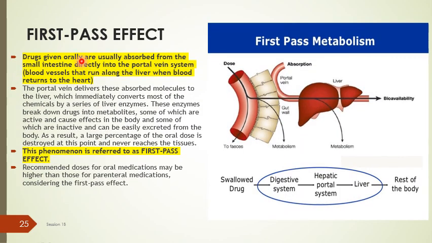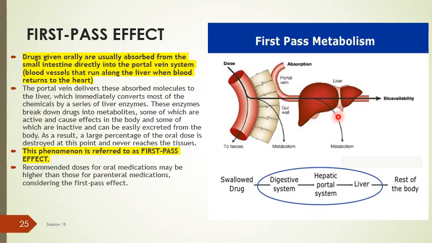Now let's talk about the first pass effect, or first pass metabolism. This is how a drug given orally is absorbed from the small intestine directly into the portal vein system, or the blood vessels that run along the liver, before the blood returns to the heart. The portal vein delivers the absorbed molecules to the liver, which immediately converts most of the chemical using a series of liver enzymes.